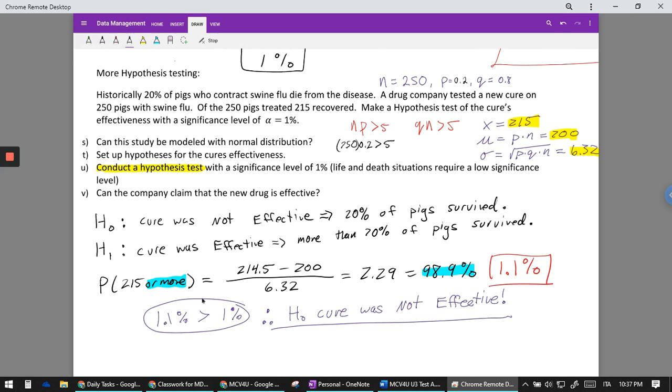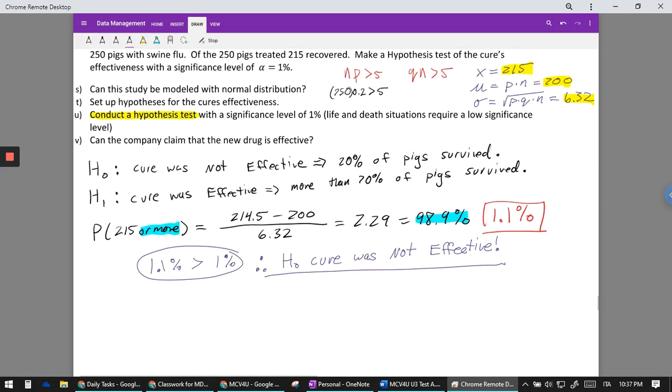So basically, what this 1.1% means, let me write this down.